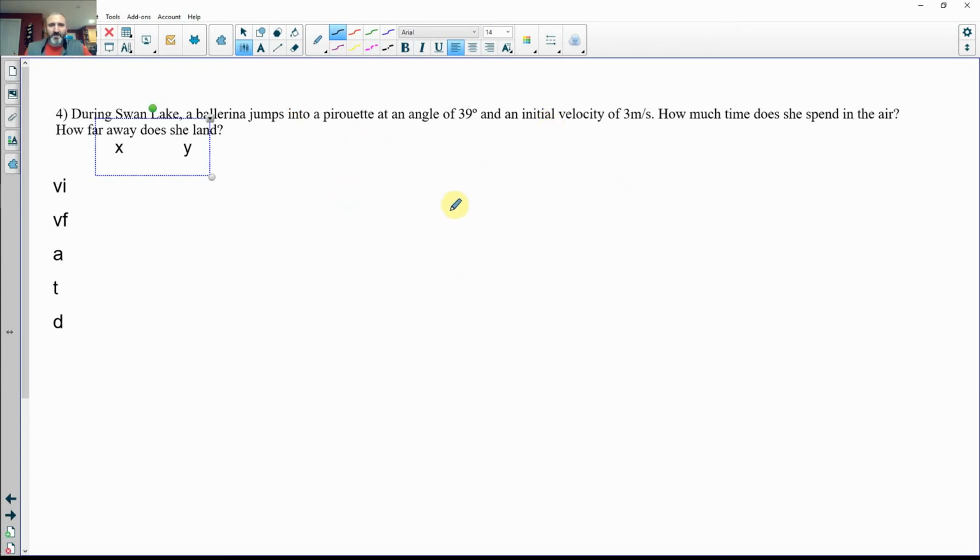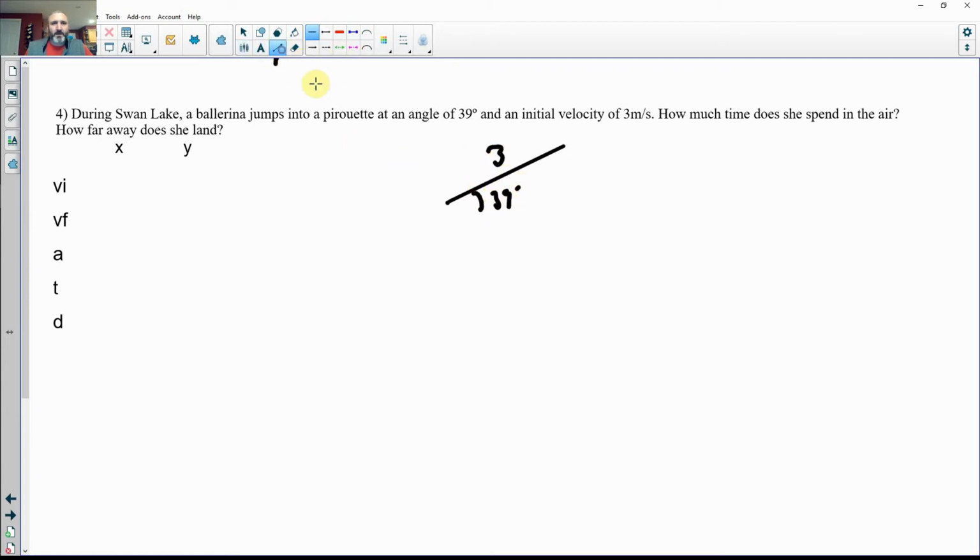This is exactly the same as the David Beckham problem we just did. So this time I'm going to start with our hypotenuse. We know that is 3 meters per second, and we're jumping 39 degrees. We have to solve for what's going on in the x dimension and the y dimension.